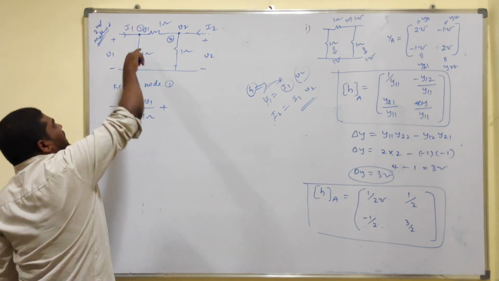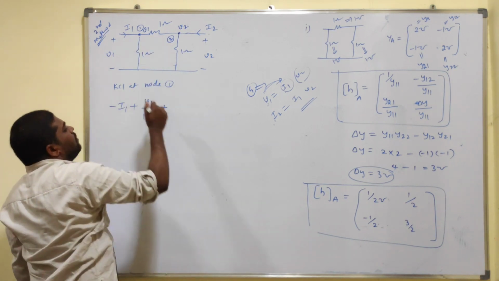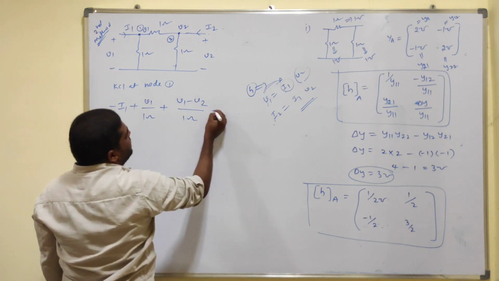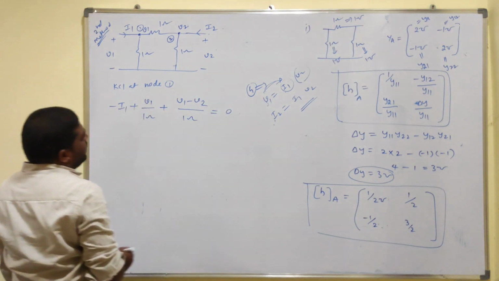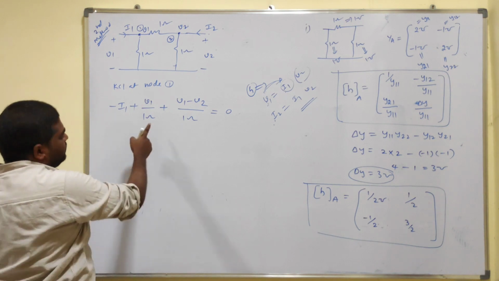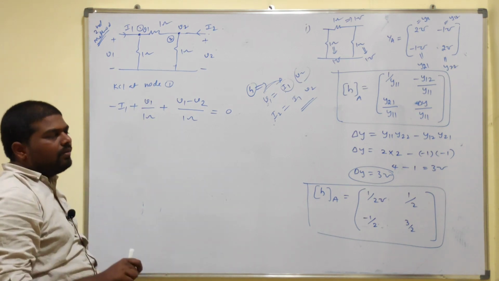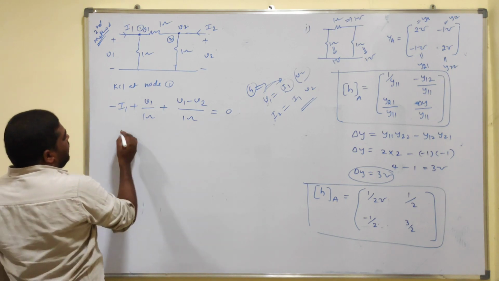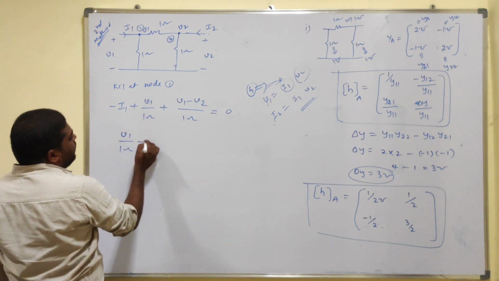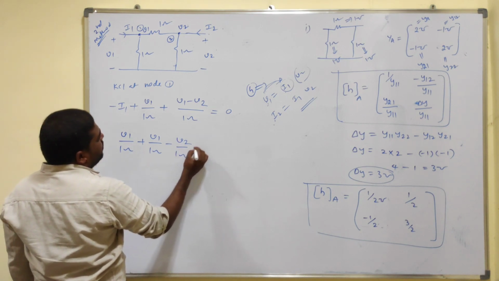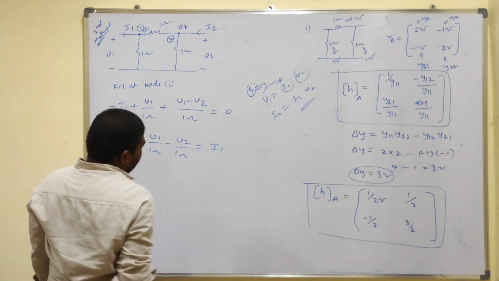Okay. Now, in this branch, the current equals V1 minus V2 by 1 ohm, which equals 0, right? So from this equation, you can derive the V1 value. V1 by 1 ohm plus V1 minus V2 by 1 ohm equals I1.